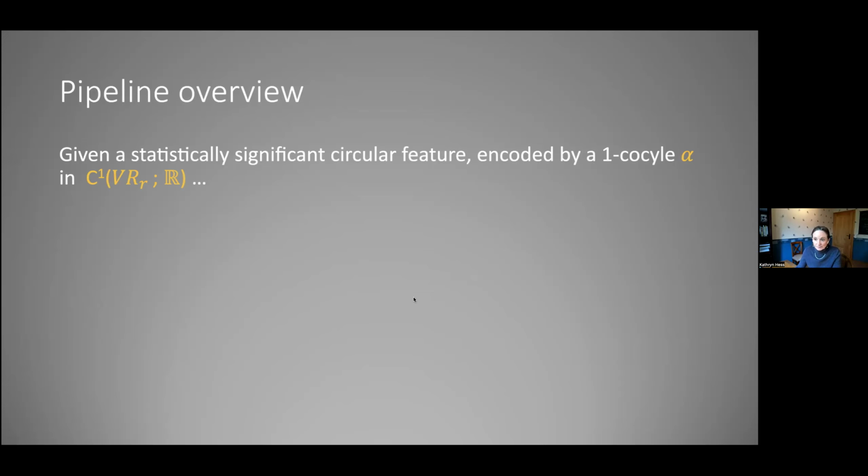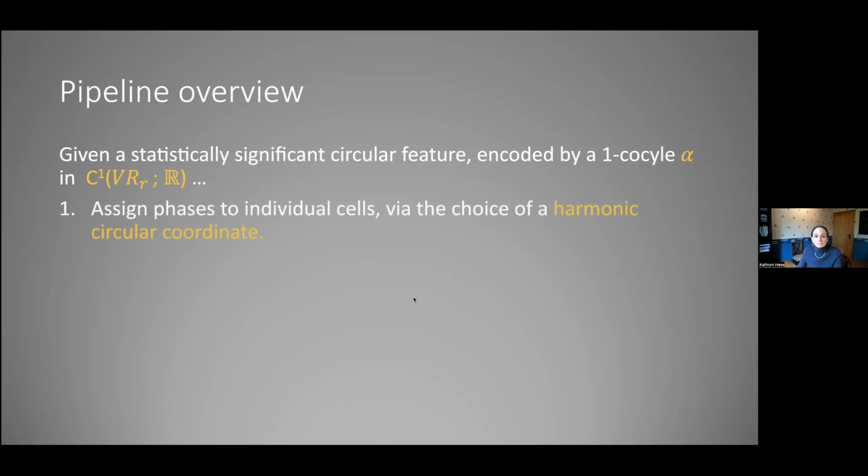It's a function from the edges of VR_R to the real numbers. What we want to do is assign phases according to this circle to the individual cells. But we need to find a way to do that in a unique manner, a manner that makes geometric sense. That'll be by the choice of what we call a harmonic circular coordinate, and I'll explain how we go about finding that.